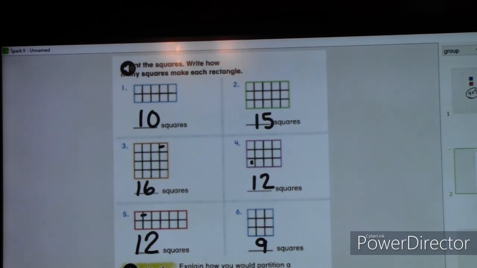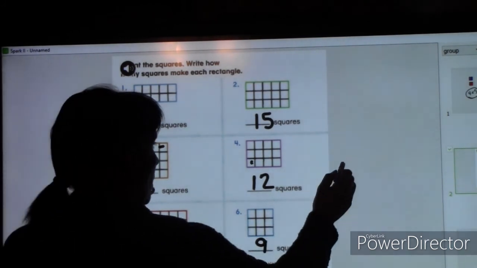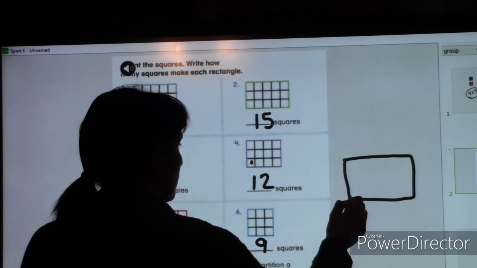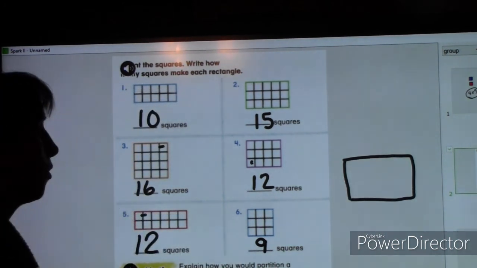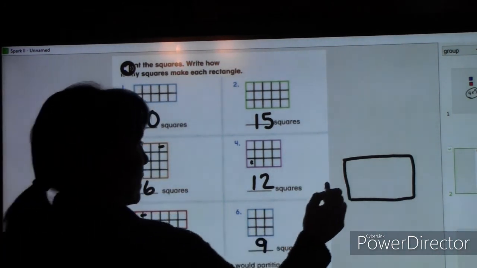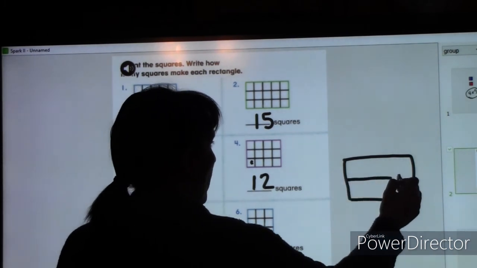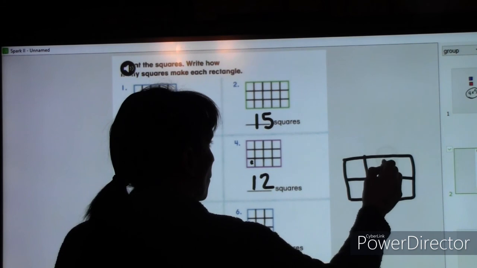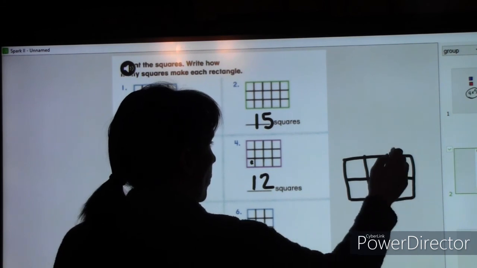The question at the bottom says, explain how you would partition a rectangle into 6 equal-sized squares. So if we have a rectangle and we want to make 6 equal-sized squares, okay, we could either divide it in half this way and then make 1, 2, 3 columns.